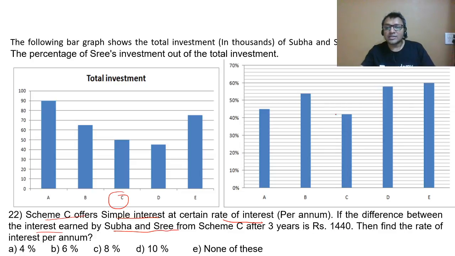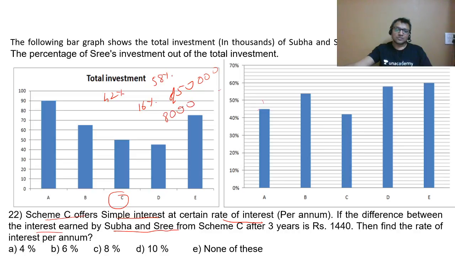If you look at scheme C, C has 42% and Shubha must have invested 58%. So the difference between them is 16% of the investment. 16% of 50,000 is the difference in the investment, which is 8,000.